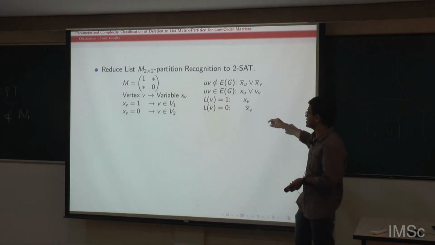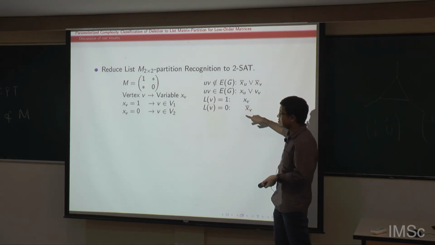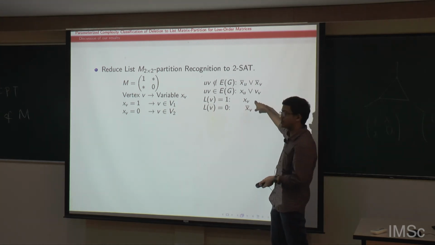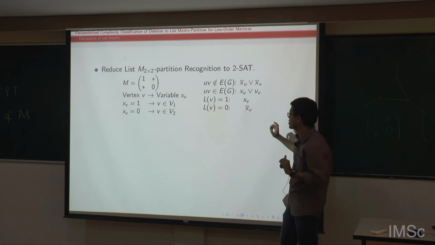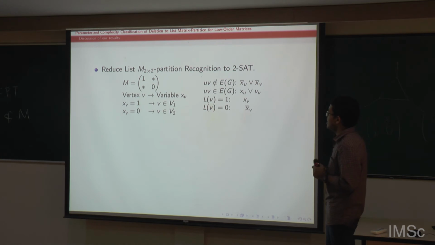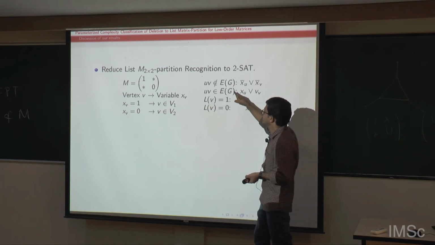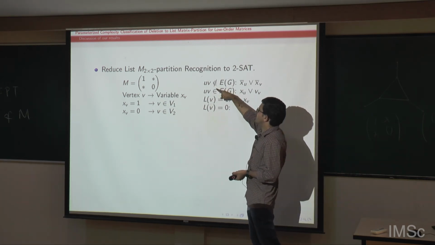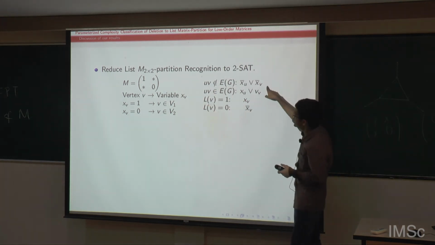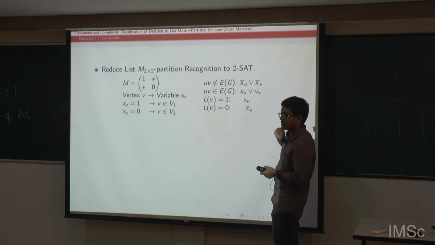First of all, let's look at these 2 constraints. These are the clauses that we are going to introduce. If L of v equals 1, then this vertex should go to V1, so we introduce a single literal clause, and for 0 we introduce this one. Now for every pair of vertices u and v where there is no edge between u and v, at most one of them can go to the clique part, so we introduce this sort of clause.